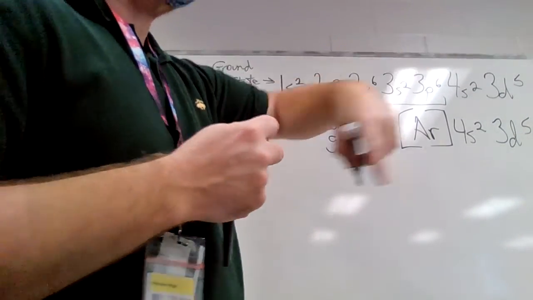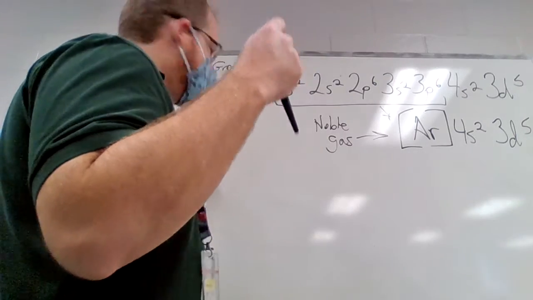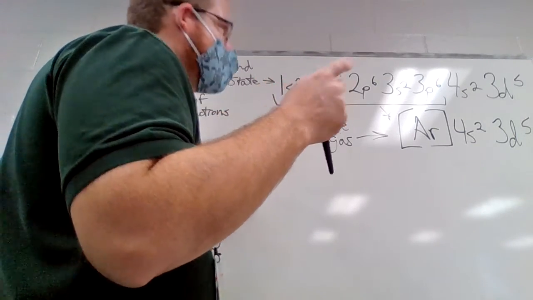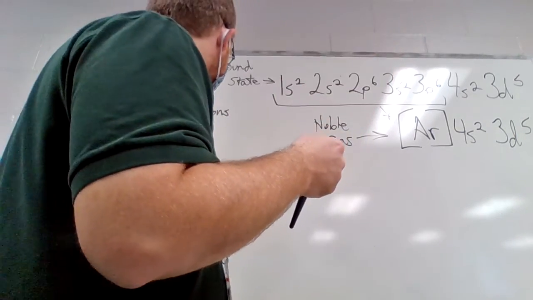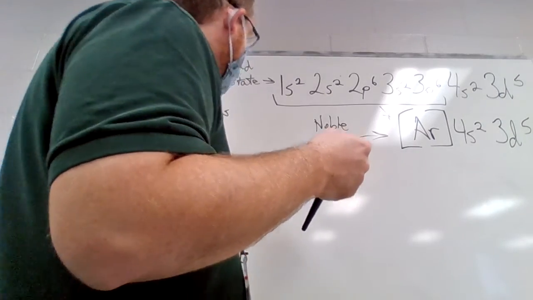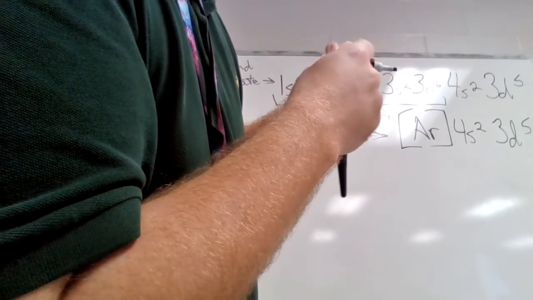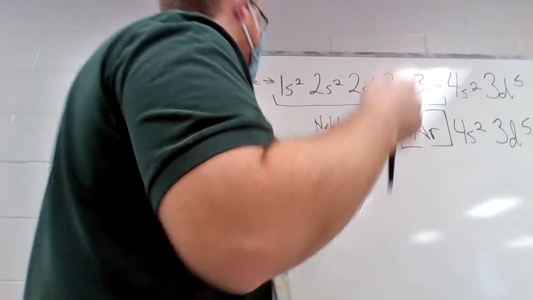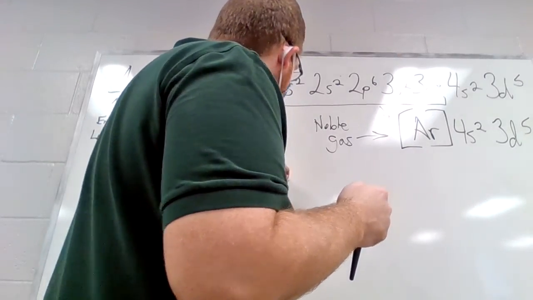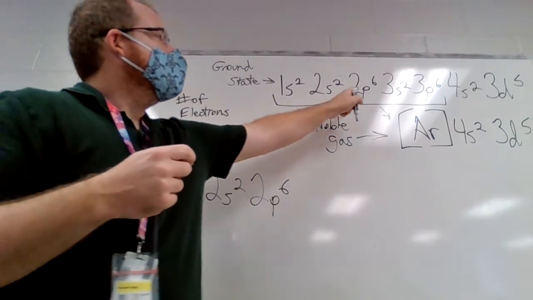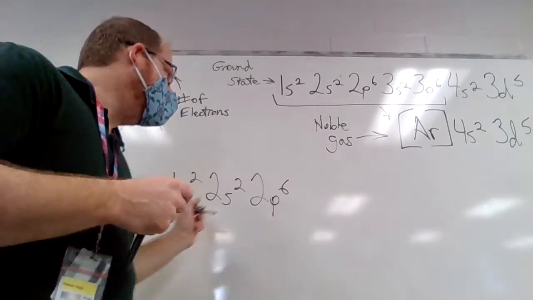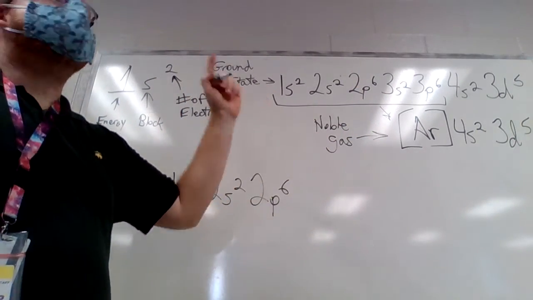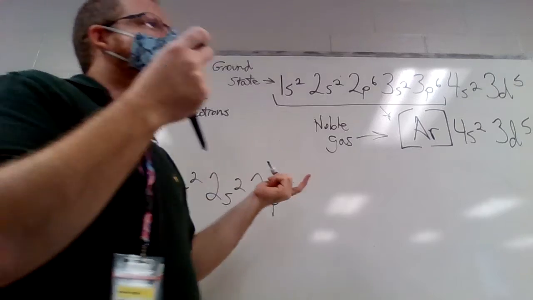How many arrows are in there? 2. So 1s squared. And the next one, I have 2s squared. And the third one, I have 2p to the 6th. And notice you're going the same route here. It's always the same path. Where I stop is going to change what element that I have.